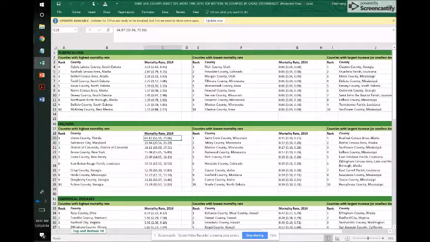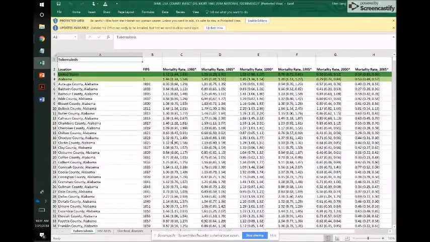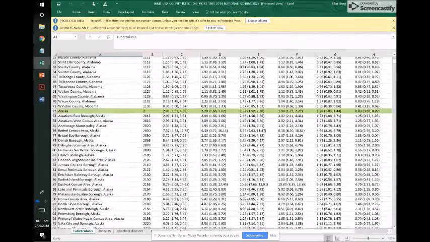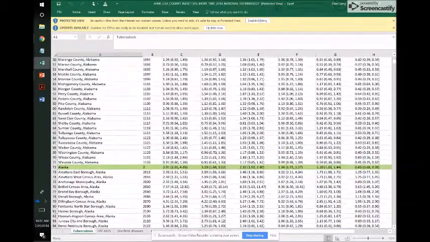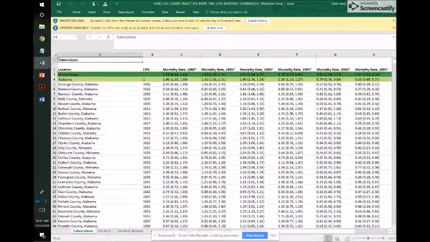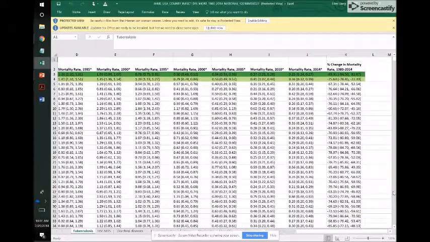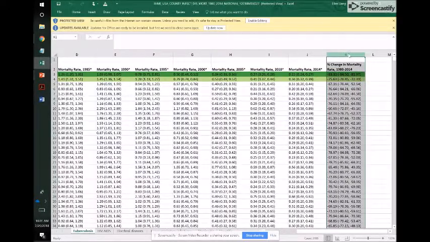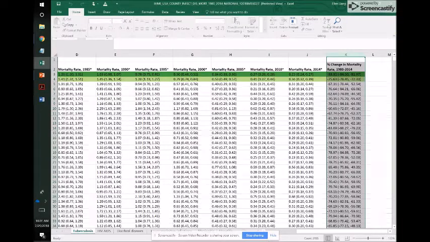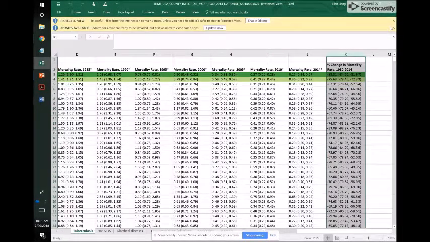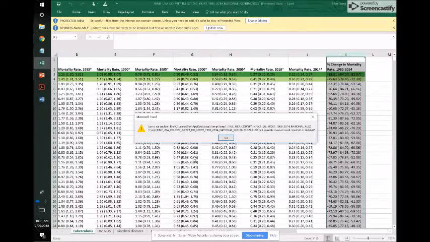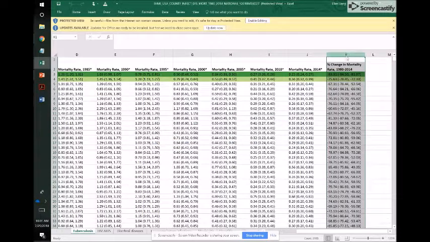But if there were larger sets of data, for example, right here, just even looking through it, there's no way I could really get a sense of trends. I could maybe organize, for example, here, change in mortality rate, by the ranking.